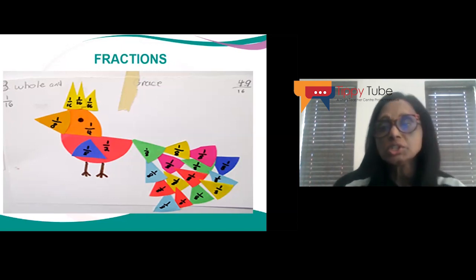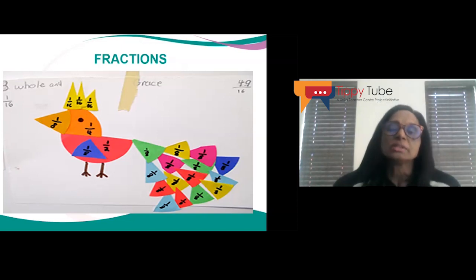So when you are teaching fractions in the foundation phase, please make sure that you engage your learners in as many practical activities as possible. Involve them in practical demonstrations. Link your activities to real-world experiences. Let your children see the relevance of fractions in their daily life and so forth.